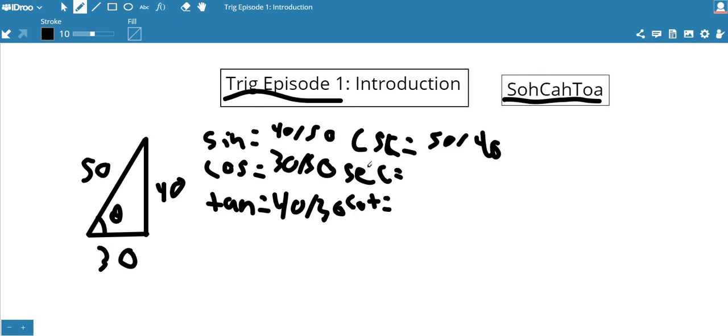And then secant is the opposite of cosine, so it's 50 over 30. And then cotangent is the opposite of tangent, so it's 30 over 40. And we're done. Oh yeah, and also you could simplify the fractions if you want to.